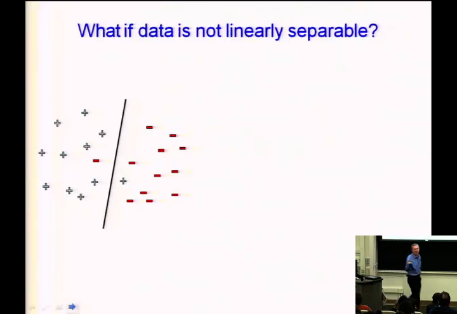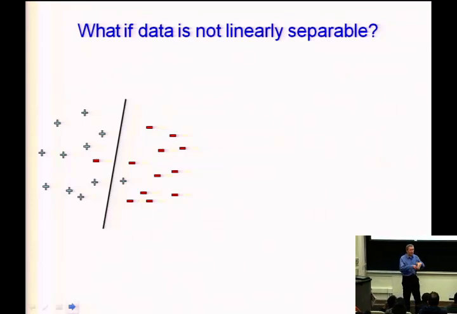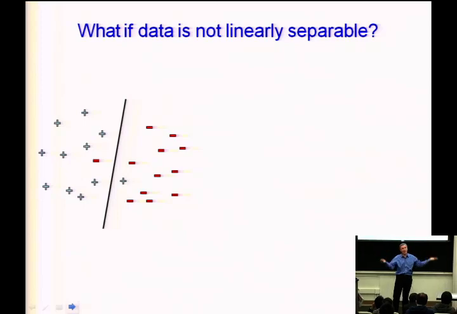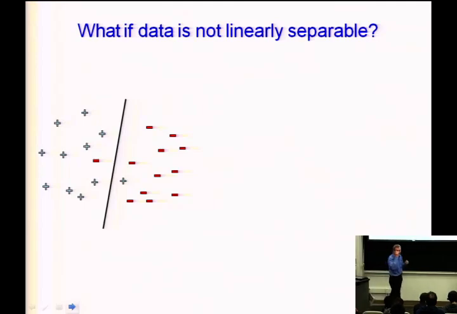And so now let's come back to the question you asked about, what if the data is not linearly separable? And we just saw one answer. We can project the data into a space where it is perhaps linearly separable, and then operate there. That's worth considering.